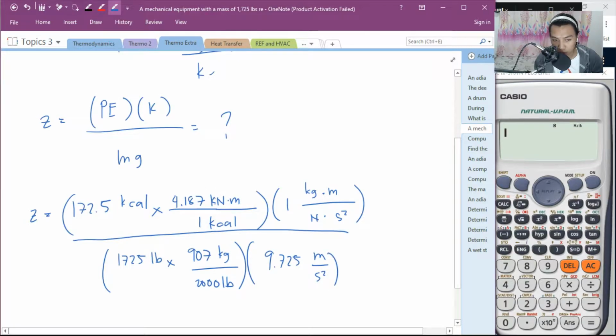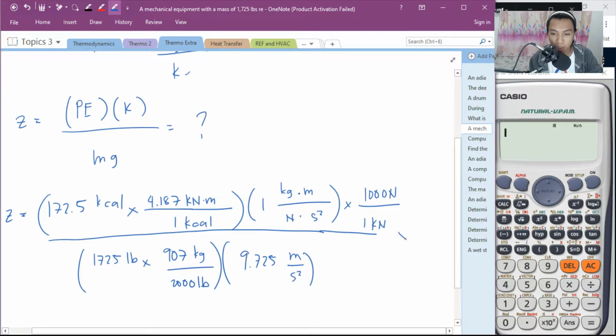Ngayon, i-convert mo na lang tong kilonewton. Multiplied to 1 kilonewton, 1,000 newtons. Para ma-cancel siya. And then, ang gusto ko dito in feet. Ang matitira kasi dito meter. Okay? 3.28 feet, 1 meter. Ayan.